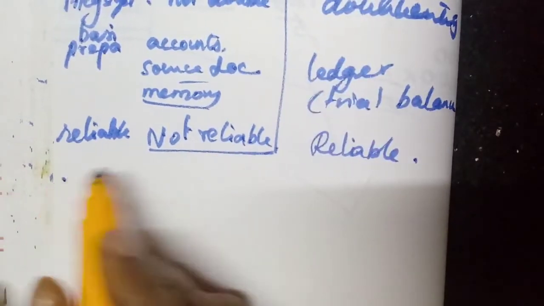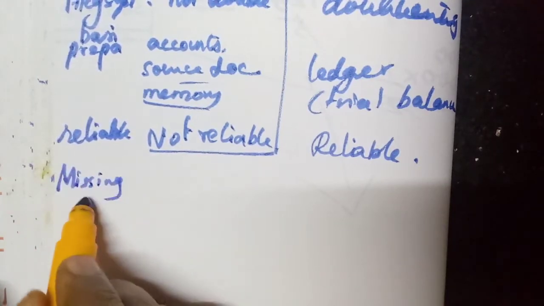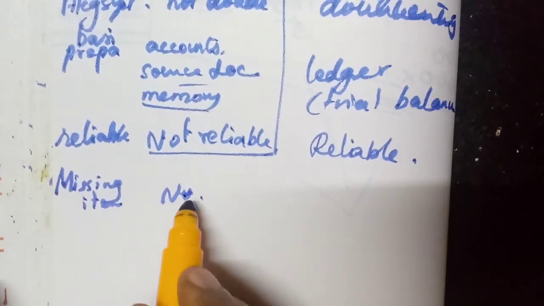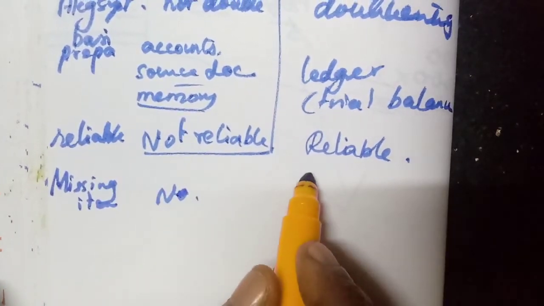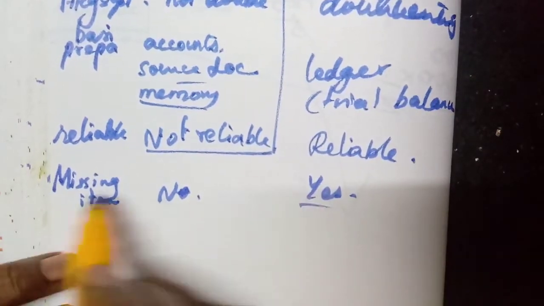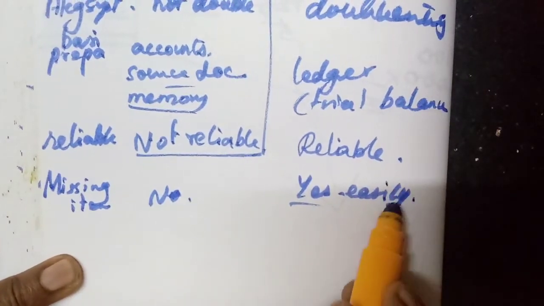Then whether we can find out any missing items. Here we cannot trace out any missing item, but in the balance sheet, yes, we can trace the missing items very easily. How?